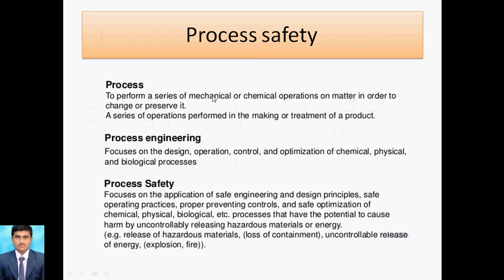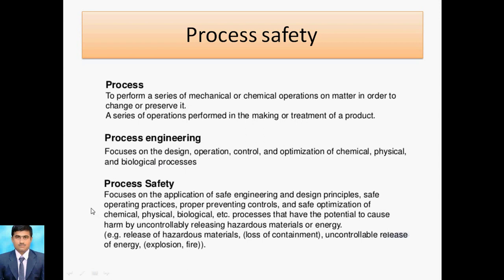So first of all we look at process safety. As we know, a process is a series of mechanical or chemical operations on a material in order to change or preserve it. Here we change the performance by making various treatments on the products, that is the processes, which focuses on the design, operations, control and optimization of chemical, physical and biological processes.